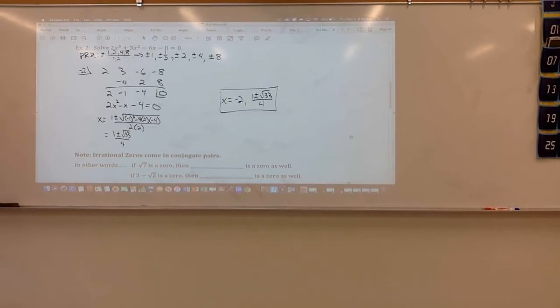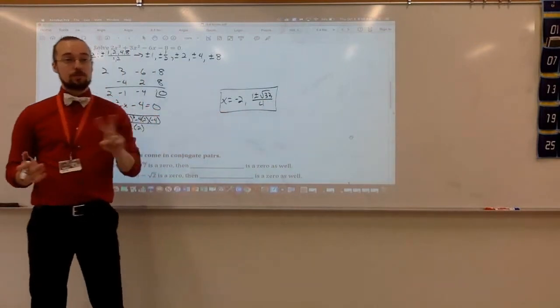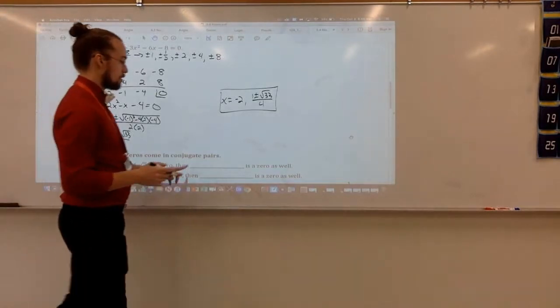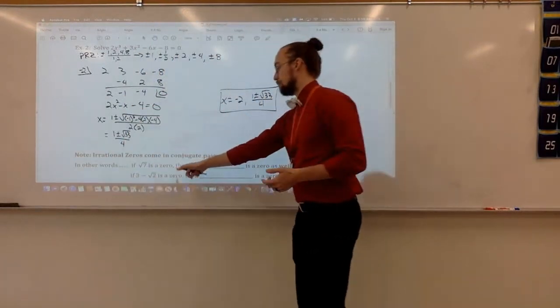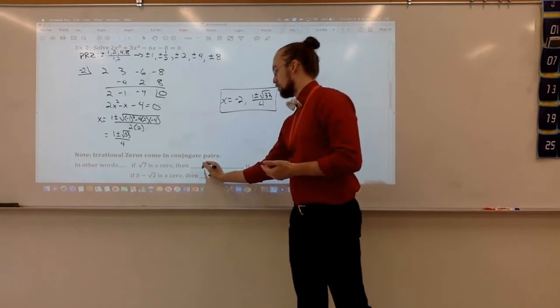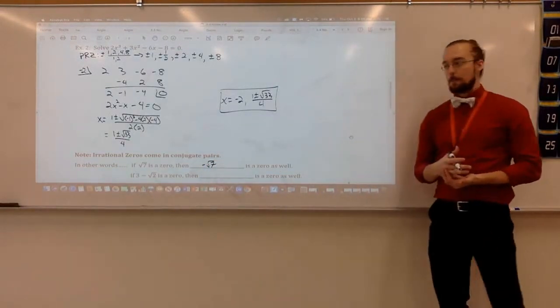Okay, so we do have a note down here, right? Irrational zeros always come in conjugate pairs. So here, this was an irrational zero. It's actually 2 different irrational zeros: 1 plus the square root of 33 over 4, 1 minus the square root of 33 over 4. So if the square root of 7 is a 0, then its conjugate, negative square root of 7, would also have to be a 0.